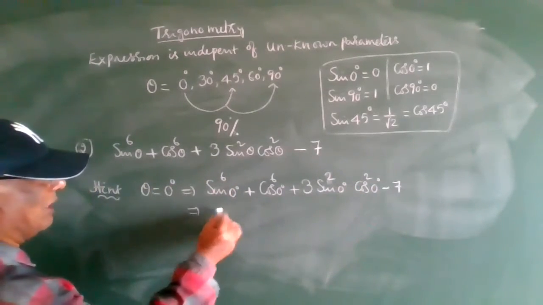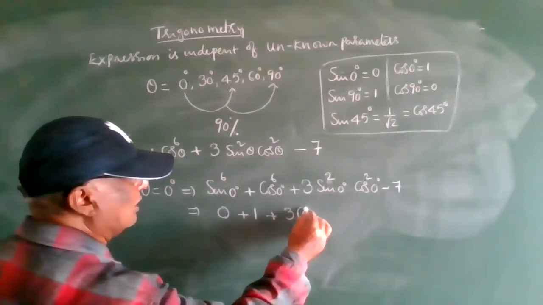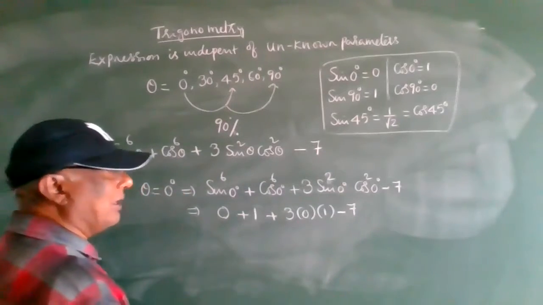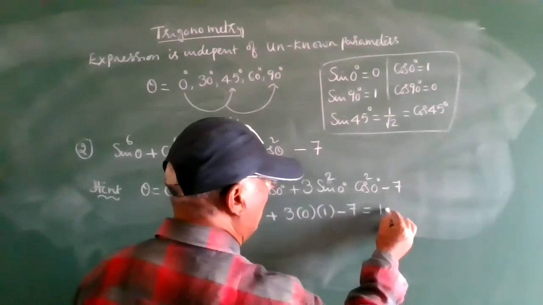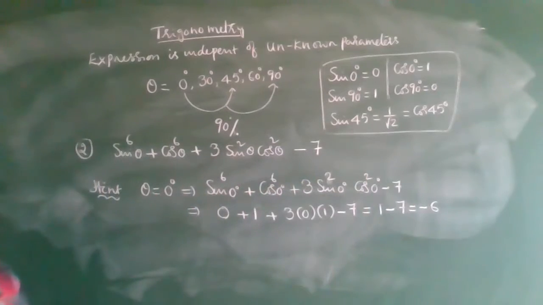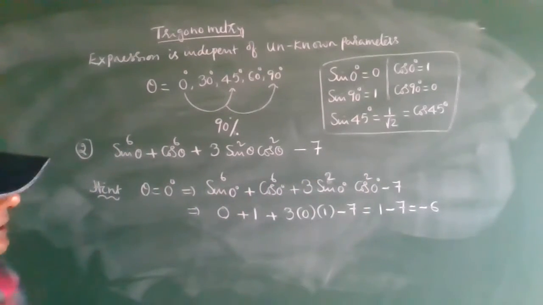Sine 0 value is 0, cos 0 value is 1, so 3 into 0 into 1, minus 7. Therefore total value is 1 minus 7, minus 6 is the answer. Very simply we can solve it.